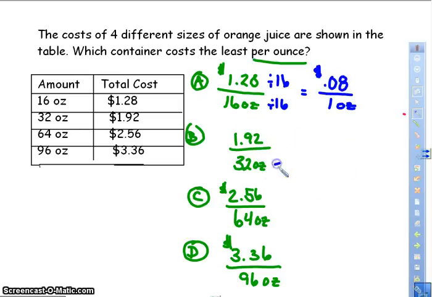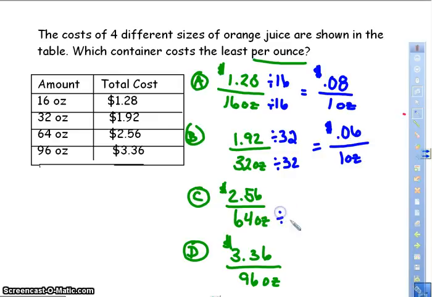On container B, I'm going to divide by 32 because, once again, I want to know it per 1 ounce. That's the unit rate. So 1.92, and once again, I'm doing this in my calculator, so I want you to do it as well. 1.92 divided by 32 is going to be 0.06, so 6 cents per ounce.